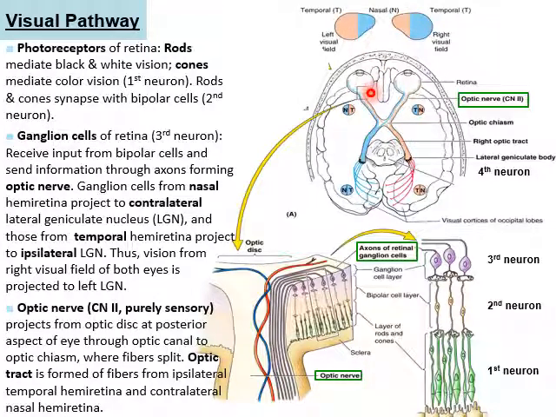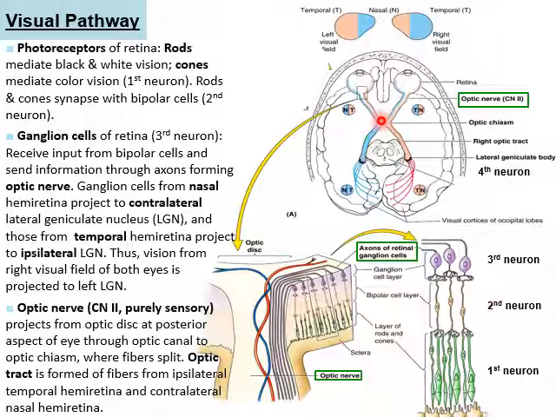If you look at the retina, you will see that the fibers run in the retina, making the optic nerve, and then reach the optic chiasm. At the optic chiasm, the fibers split. There are two directions. Some fibers continue in the same side, and some fibers cross to the opposite side.